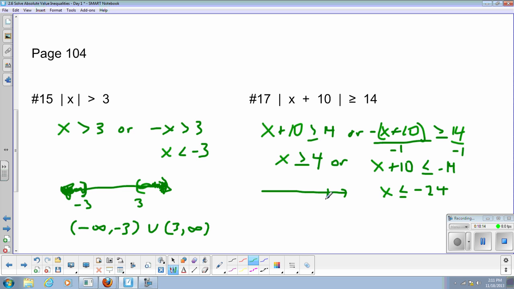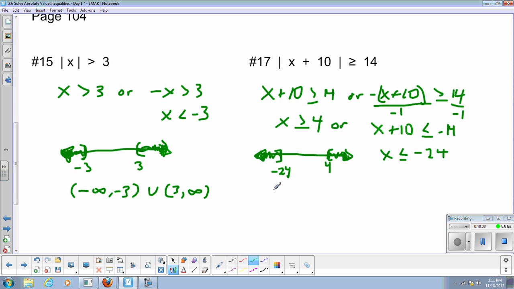And then I can draw my number line. And I have 4. And this is a bracket going to the right, shaded. Then I have a bracket going to the left with -24. And I'm shading to the left. Draw my arrow, color that in.